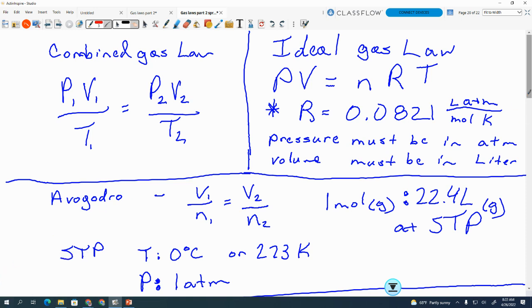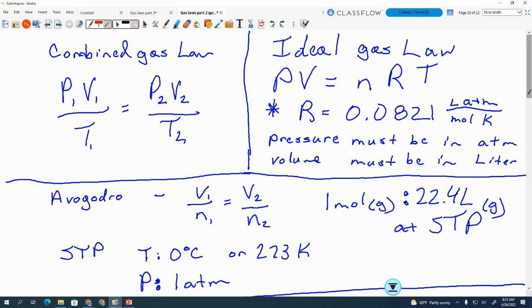So just to sum up gas laws in a manageable way, rather than trying to memorize every one of these equations, I would put it down to just memorizing 3 equations, or really, well, 4. So I would remember combined gas law because that takes care of Boyle's, Charles's, and Gay-Lussac's. I would remember ideal gas law. This is actually in your reference packet, so you don't have to memorize that.